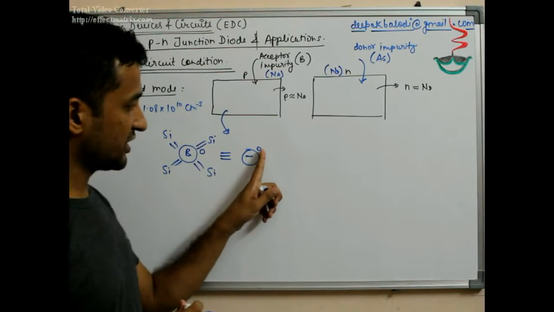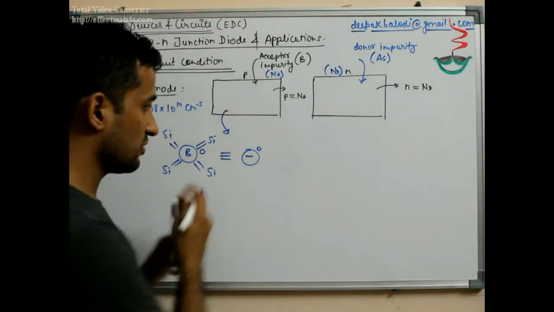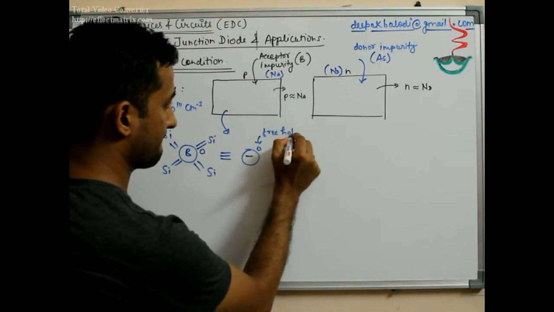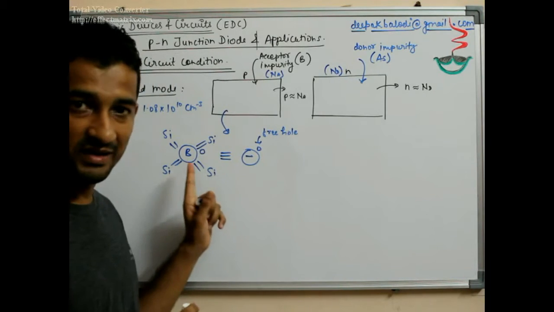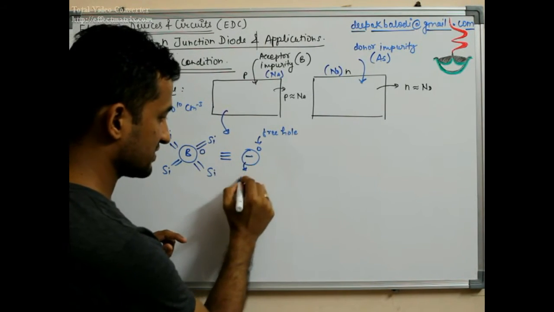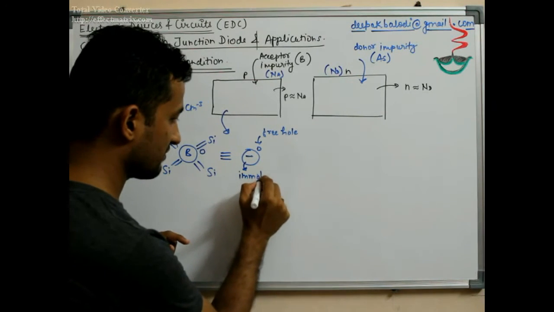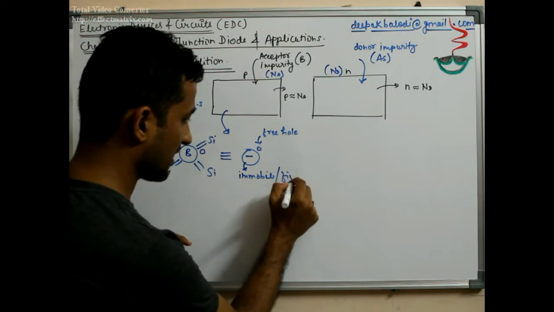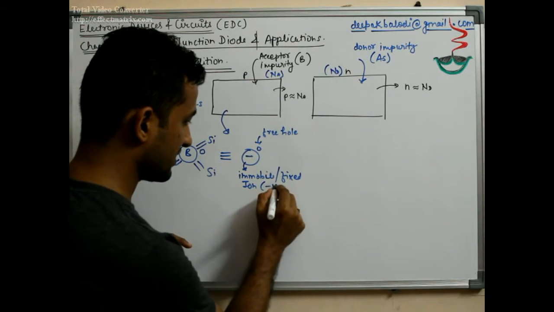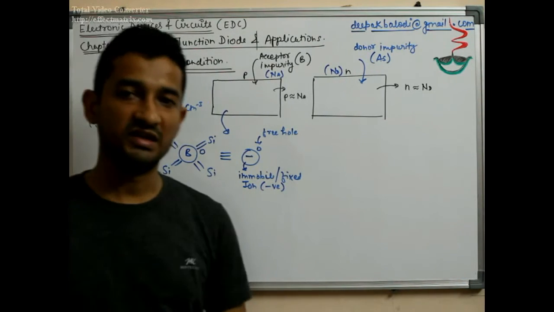Now we always associate this small hole, this is free hole which is contributed by single boron atom, and the remaining atom becomes an ion which is immobile in nature, so we can call them immobile or sometimes fixed ion, and here it is negative in nature, negatively charged.